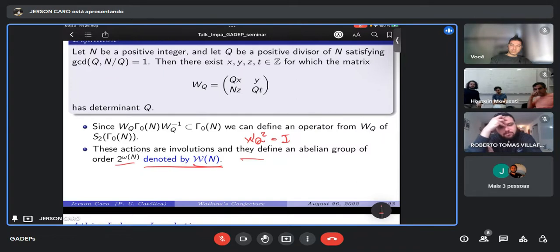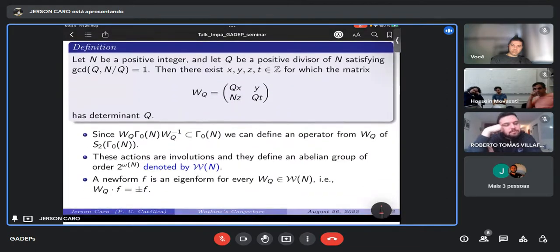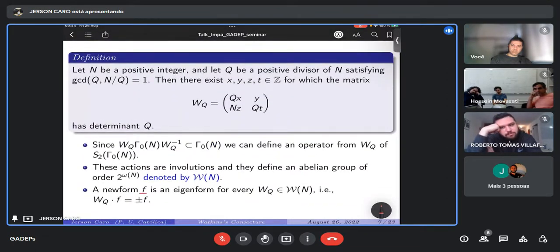order 2^ω(N), where ω(N) is the number of distinct primes that divide N. Okay, the thing is that this group is generated by W_{p^α}, where p^α is the biggest power of p that divides N. And the other good thing is that if we start with a newform, as what I defined before, this is also an eigenform for W_Q, or an eigenvector for W_Q.